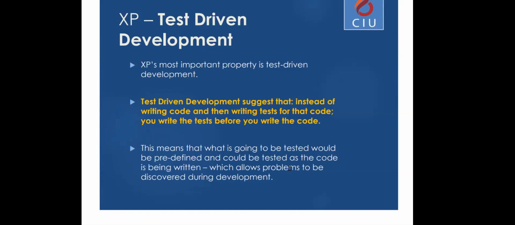Write the test before you write the code. You come up with test scenarios even before you write the code, and during the coding phase, you develop the code based on these test scenarios.